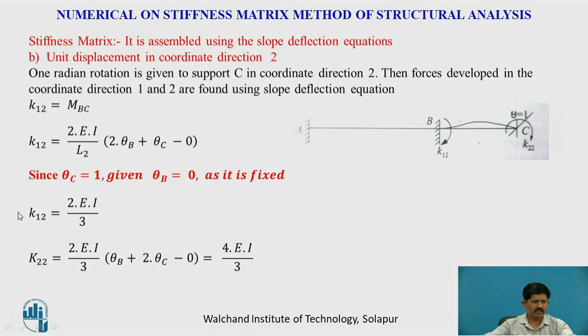Putting the values, we will get K12, that is 2EI by 3, and K22 is equal to 2EI upon 3 into theta B plus twice theta C. So here putting the values again, we will get 4EI upon 3.